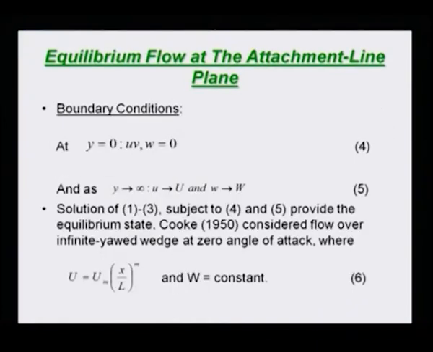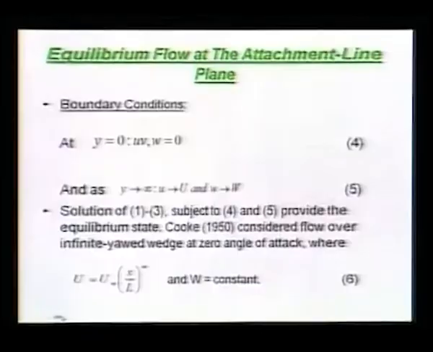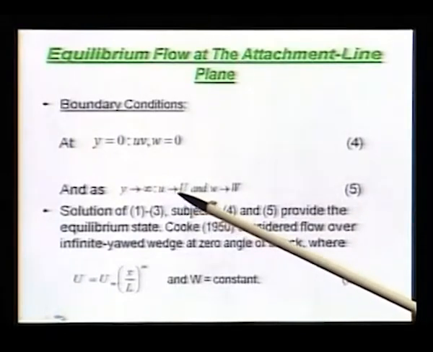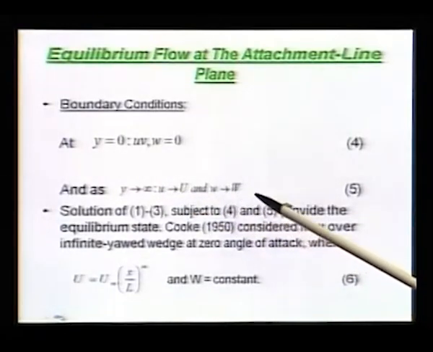Oh, before you do that, note down the boundary condition at the wall. All the 3 velocity components are 0, and when you go far away from the wall outside the shear layer, u would approach capital U and w will approach capital W, right.